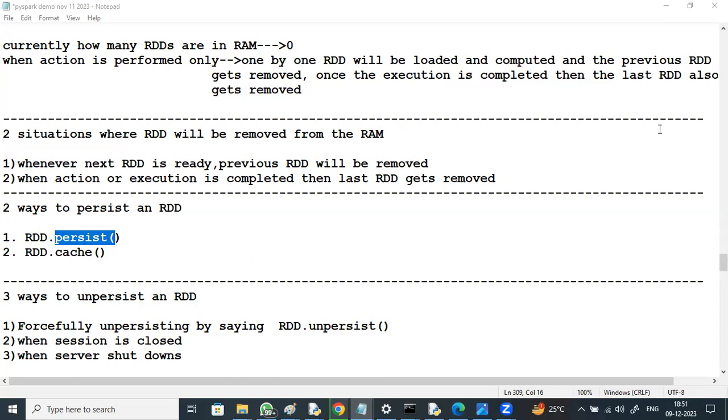If that RDD is available in the RAM, it can give its output to many other flows. Generally, which RDD will you persist? The RDD whose output is used by many flows, to reuse the result. So that output will be reused by many other flows. If we persist, it will be available. Otherwise, it will be removed whenever its next RDD is ready.